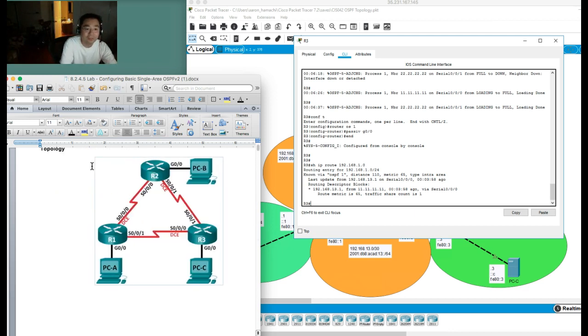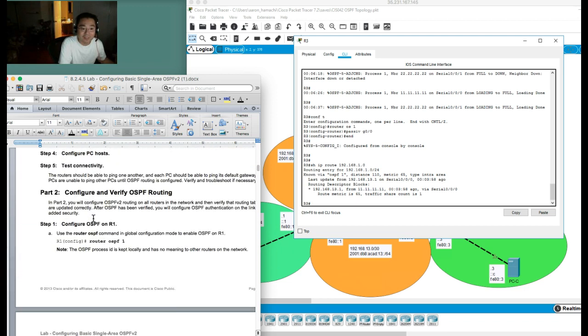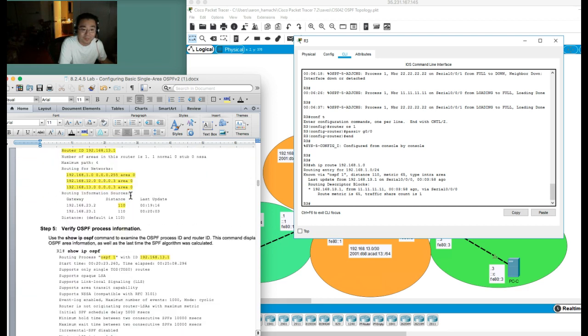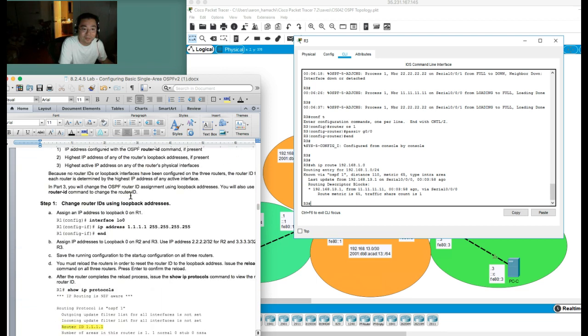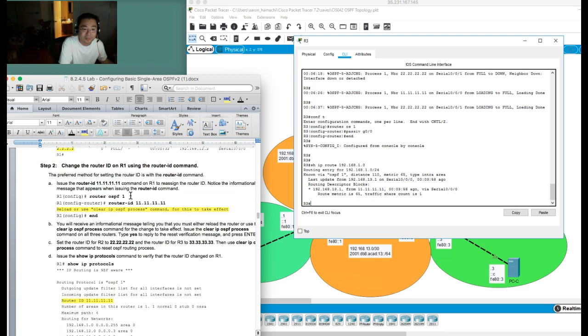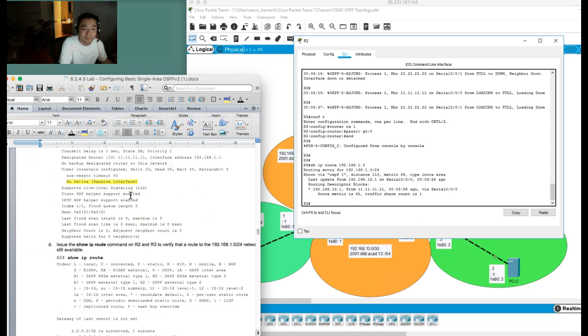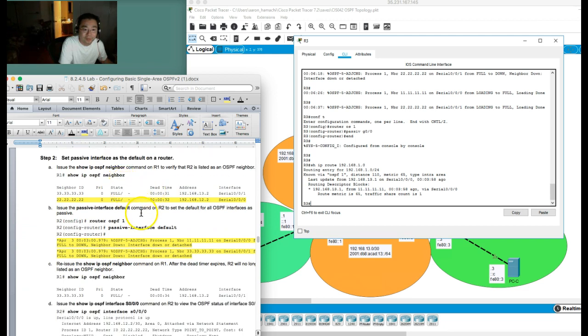Okay. So you can also set passive as the default on your router as well. And the way you do that is under your OSPF process, then you do passive interface default.